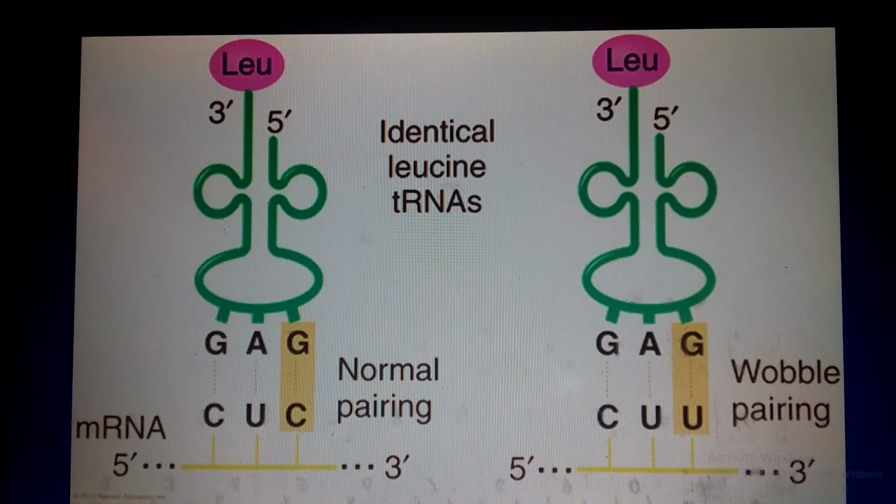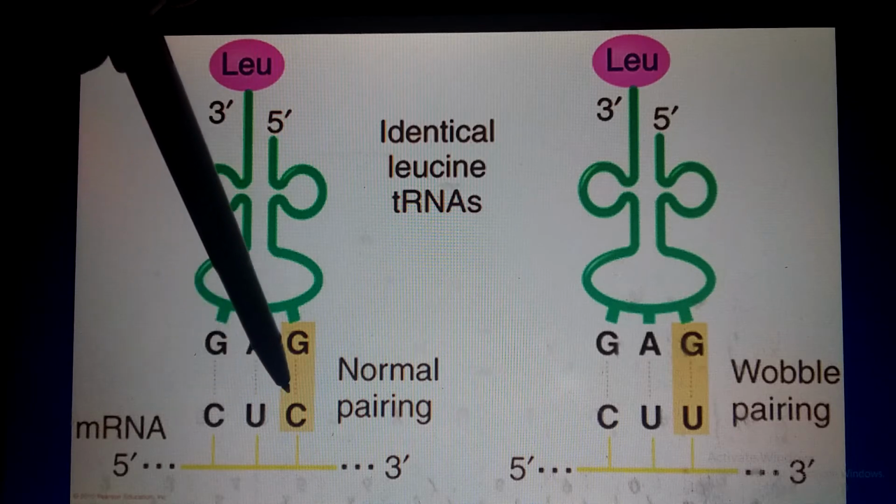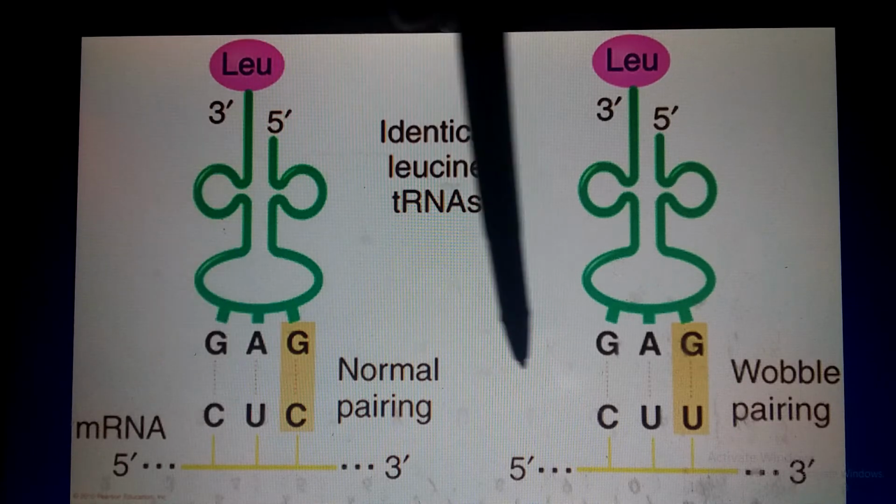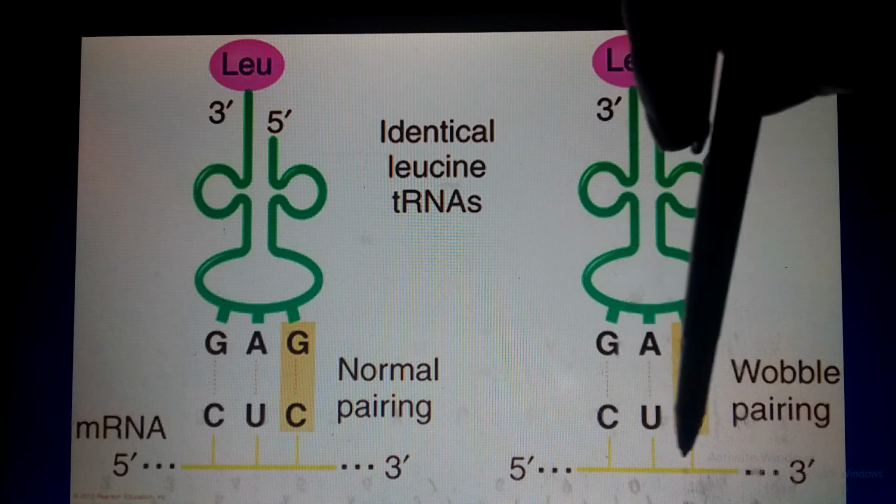Now you can see here the normal pairing in comparison with the Wobble pairing. Here, this is leucine. This is the amino acid. According to the codon degeneracy rule, this amino acid is encoded by CUC, this codon and this codon.